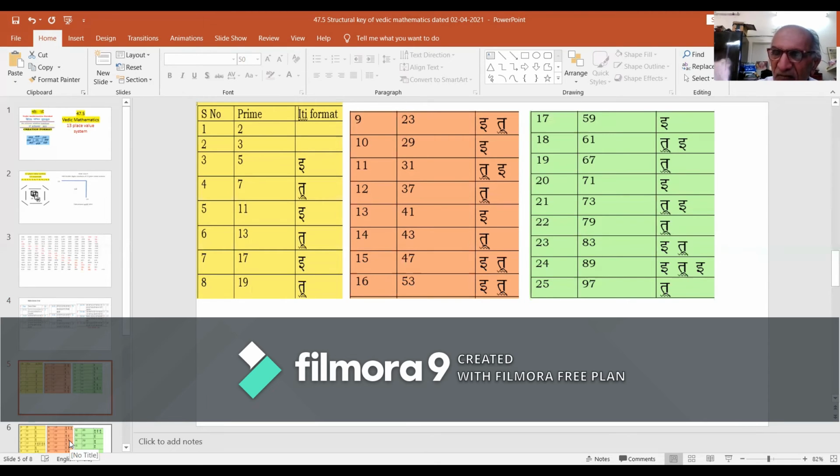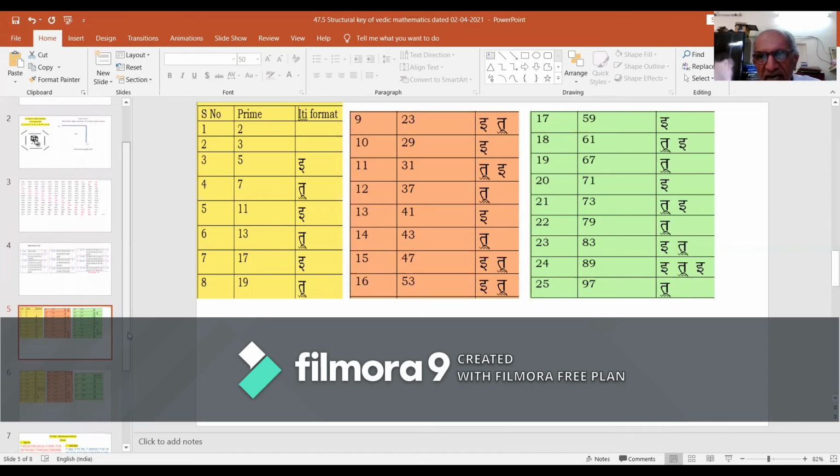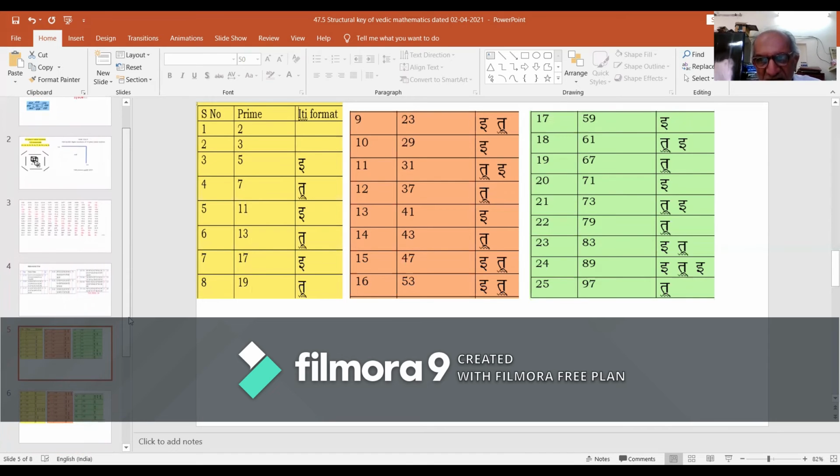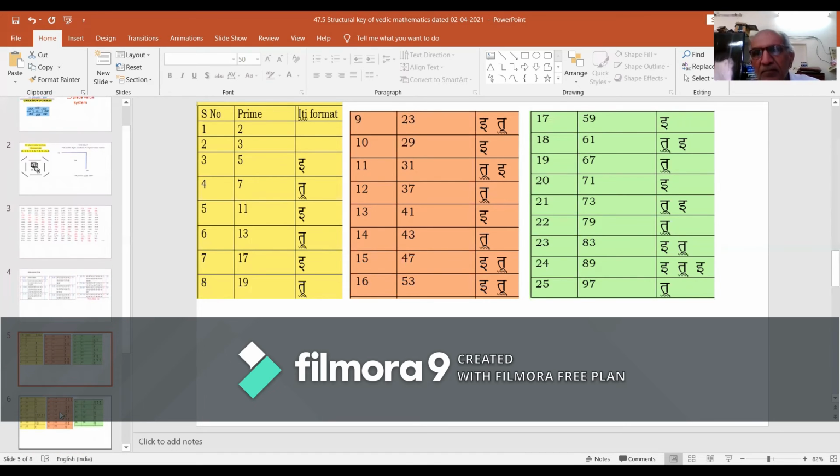Second is Ta, the first consonant of the fourth row of the 5x5 Varga consonants. Third is again E. Now the TC values of E, Ta, and E are 2, 4, and 2. Now see, we have the ultimate command Om Tat Sat Iti.